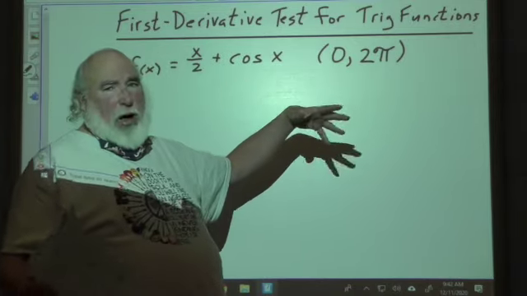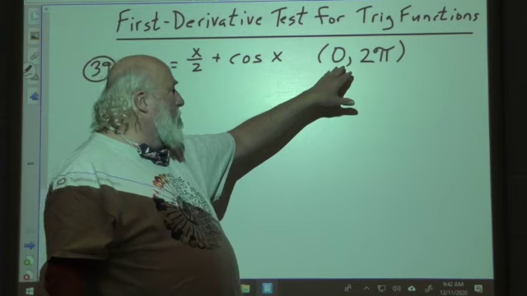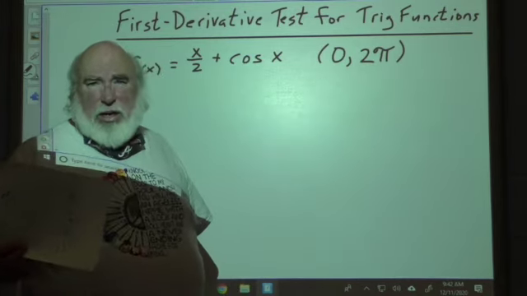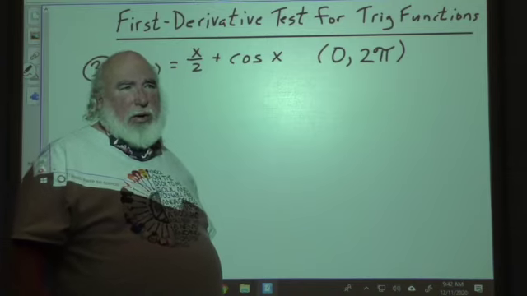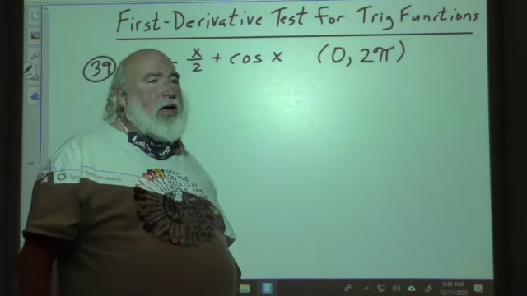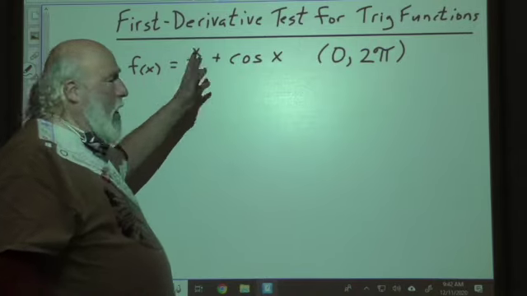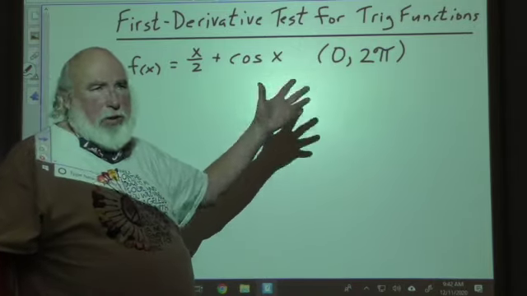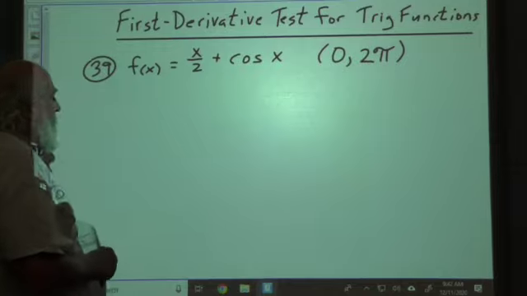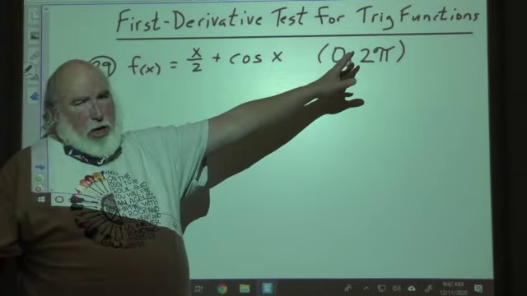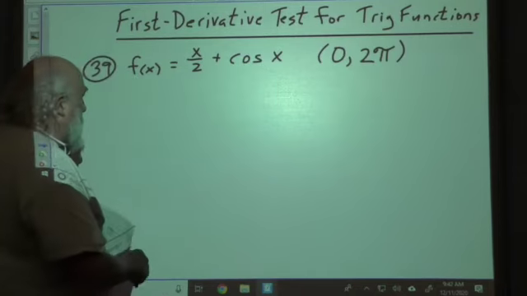Most, if not all, of the problems we're dealing with in trigonometry will go from 0 to 2 pi. Maybe the tangent functions will be for pi, but the cosine, sine, secant and cosecant will all deal with 2 pi. And anyway, they'll give you the interval that you need to be concerned with.